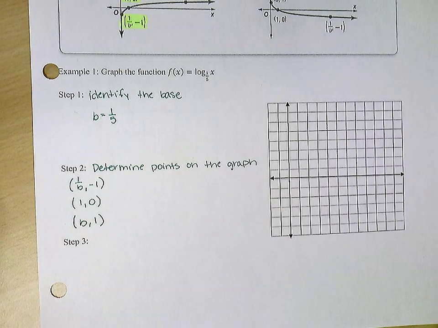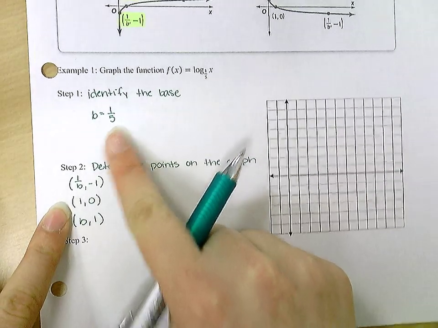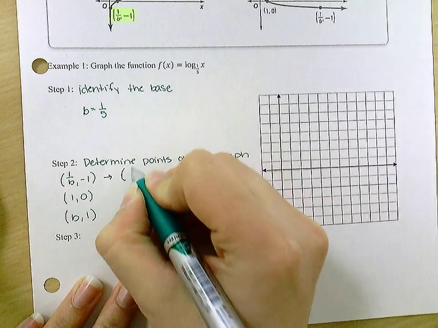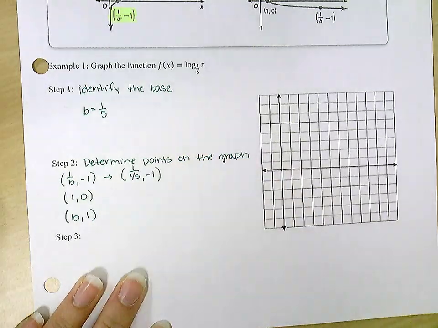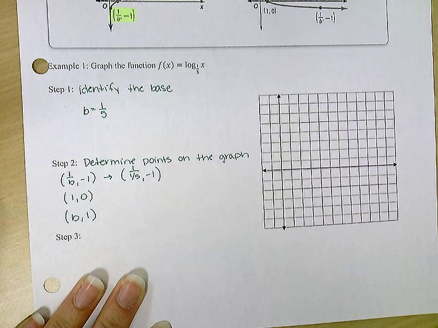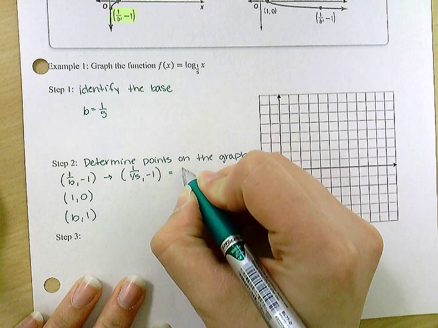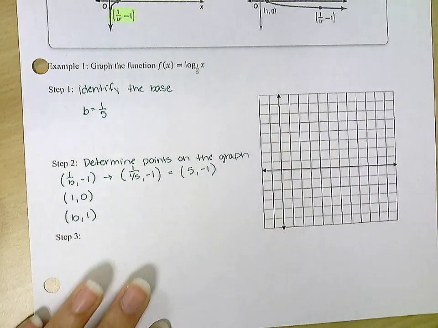For our graph in particular, our b value is 1/5, so I just need to plug in 1/5 for b. I would have 1 over 1/5, negative 1. What's 1 over 1/5? It's 5. So I would have 5, negative 1.